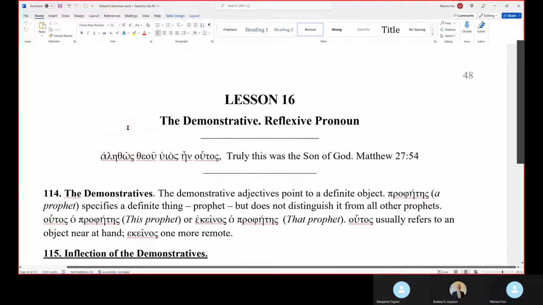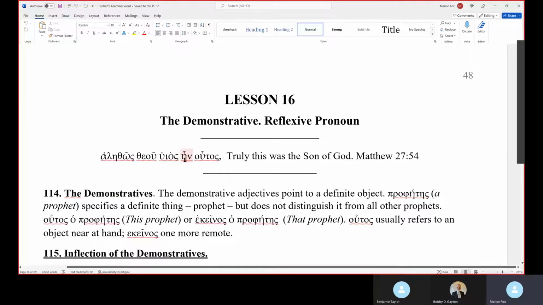Alethos, the os ending here is an adverb of manner. It's equivalent to our ly ending adverbs in English. Alethos, theo. So theo is of God. Huios, huios.